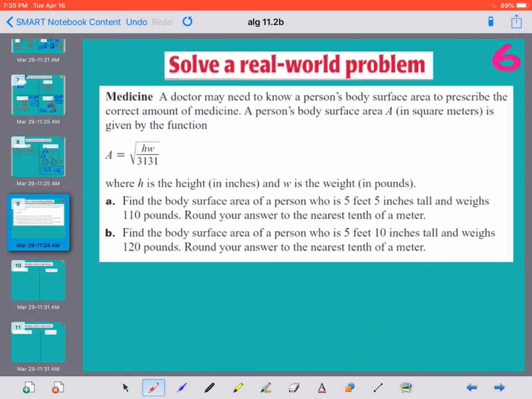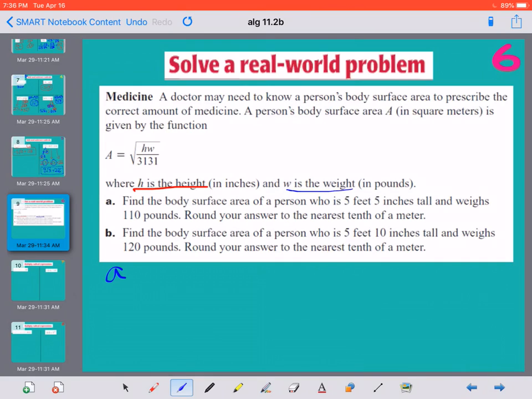Alright, now we have a real world problem. It says, a doctor may need to know a person's body surface area to prescribe the correct amount of medicine. A person's body surface area in square meters is given by the function A equals the square root of h times w over 3,131, where h is the height and w is the weight.